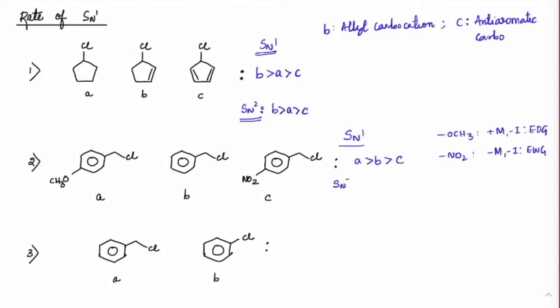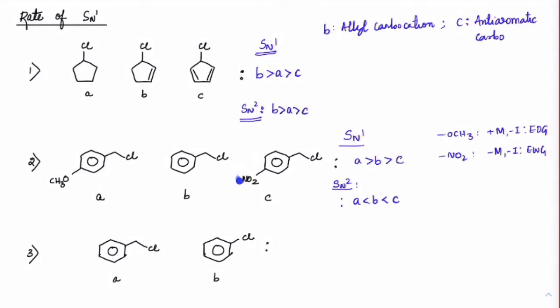Now can anyone tell me the SN2 rate? Same order? Please be careful here, it will be the opposite order. Why? I'll tell you, everybody, please understand this.